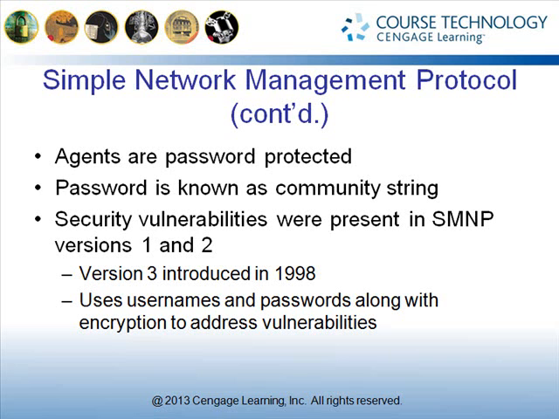Also, the community strings were transmitted in the clear, were not encrypted at all, so an attacker with a protocol analyzer could, again, view the contents of the strings. Because of these different vulnerabilities, SNMP v3 was introduced back in 1998, and SNMP actually uses usernames and passwords along with encryption.